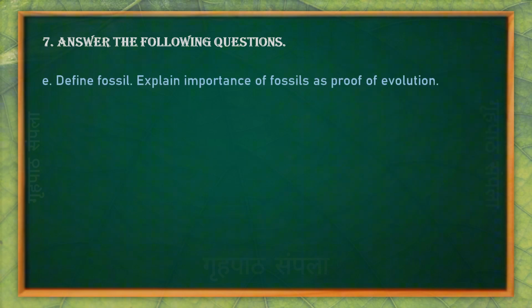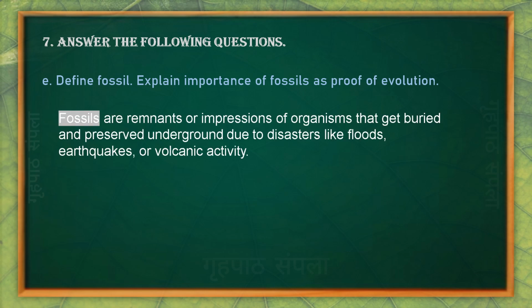E. Define fossil. Explain importance of fossils as proof of evolution. Answer. Fossils are remnants or impressions of organisms that get buried and preserved underground due to disasters like floods, earthquakes, or volcanic activity. 1.